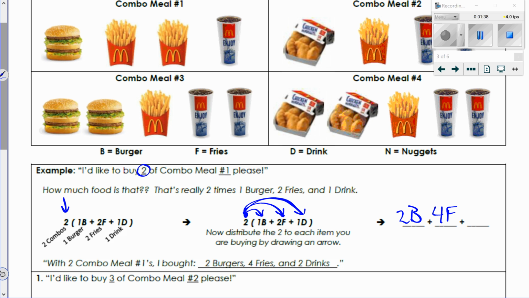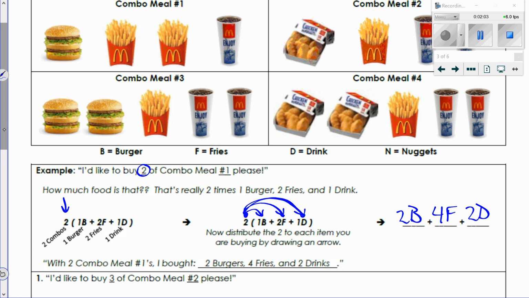Each one now has 1 drink. So how many drinks should I have? 2 drinks. Does that make sense? So with 2 combo meal number 1s, what I bought is 2 burgers, 4 fries, and 2 drinks. Does everybody see that? Anybody not see that?